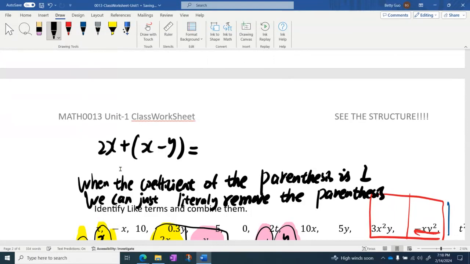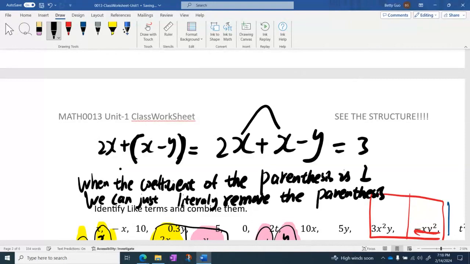And that's the only case we can do that. When the coefficient of the parentheses is just 1, we could really just remove it, get rid of it. It doesn't exist. And then we combine like terms like that.